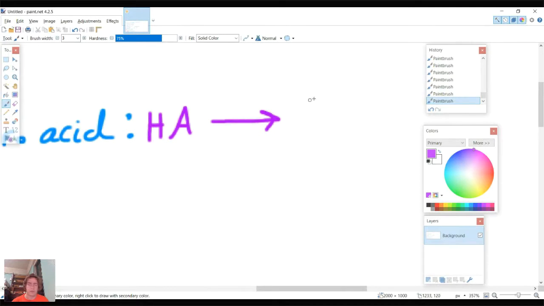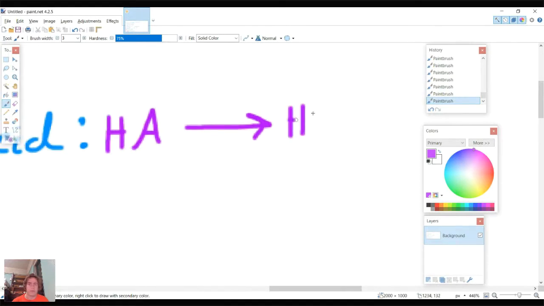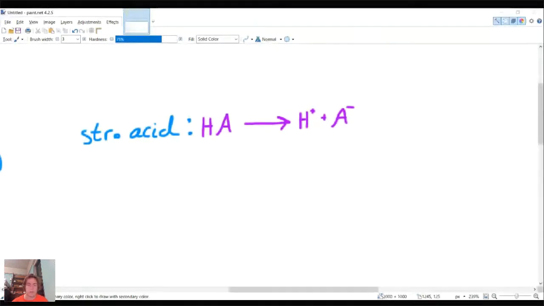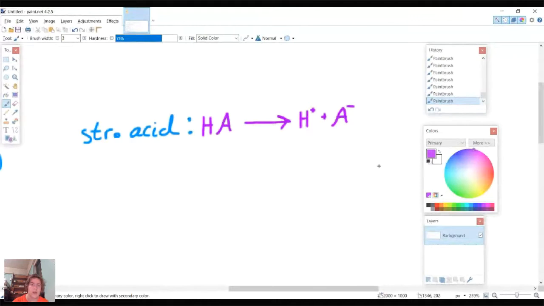I'll ignore the water term, just know this is happening in water. That's how a strong acid is defined. We mentioned that earlier: an acid dissolving into an anion and a hydrogen ion.